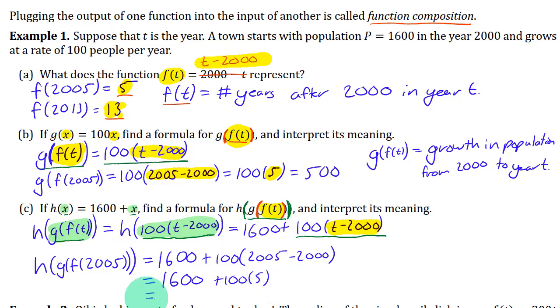And then we're doing 1600 plus 500 comes out to be 2100. So that is going to be, the 1600 was the starting population in the year 2000 plus the growth in the population from 2000 to year 2005, that plus 500. So that's what the population is in the year 2005.